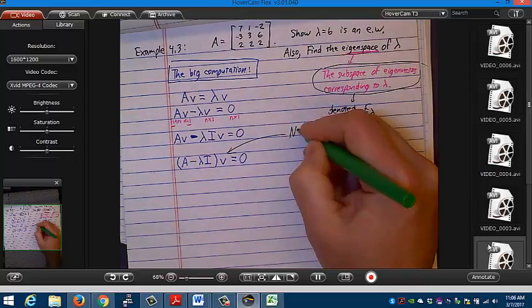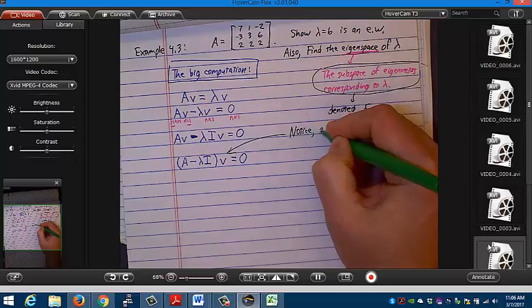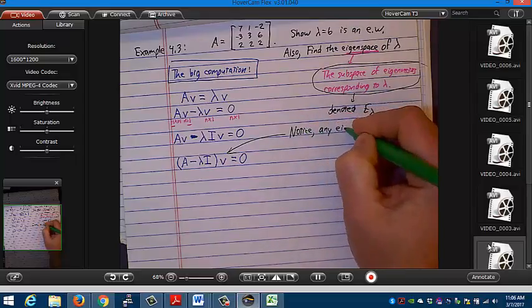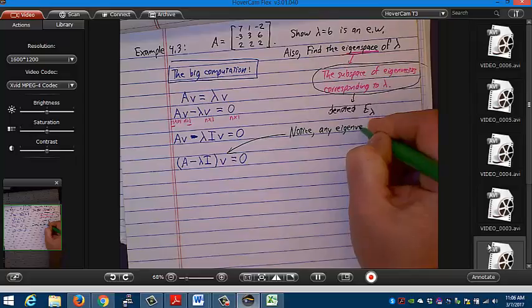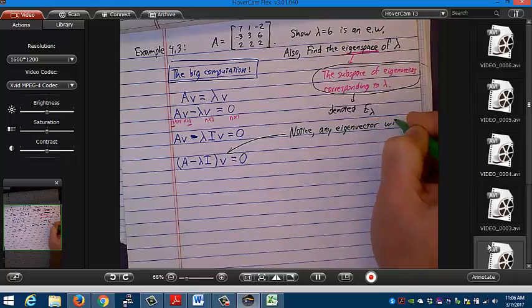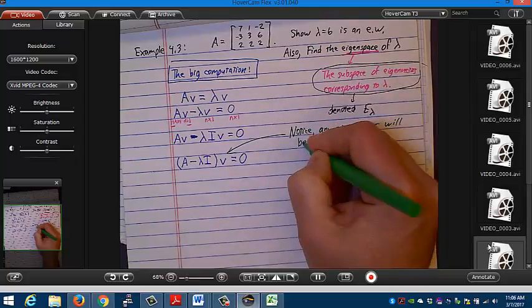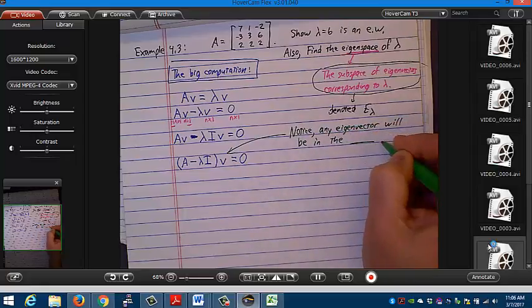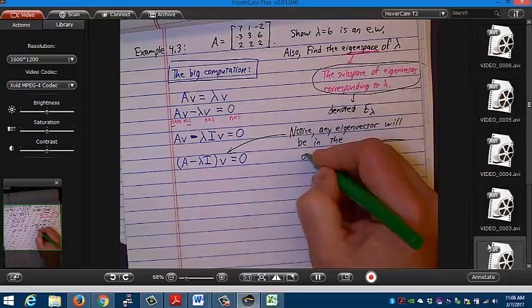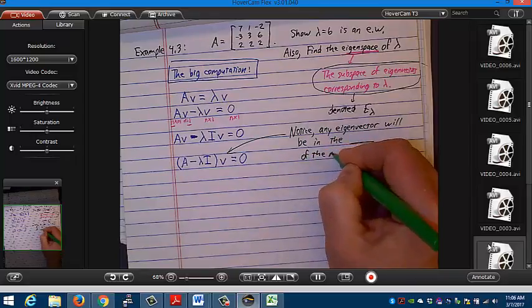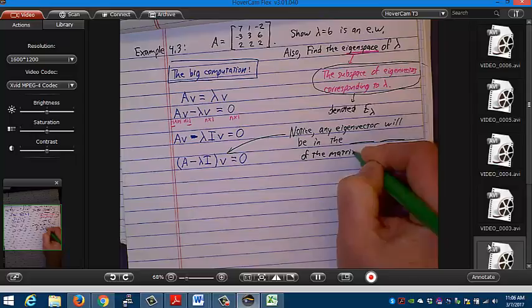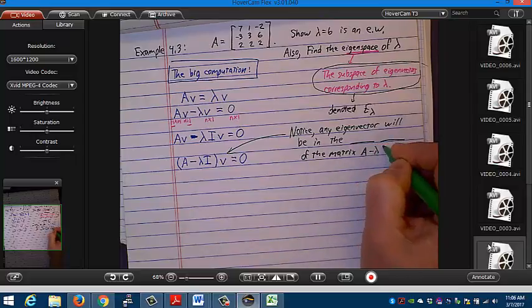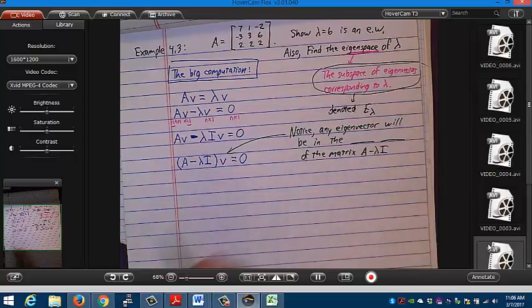Notice any eigenvector will be in the blank blank of the matrix A minus lambda I. And do you know what I'm going to put in those blanks? Null space.